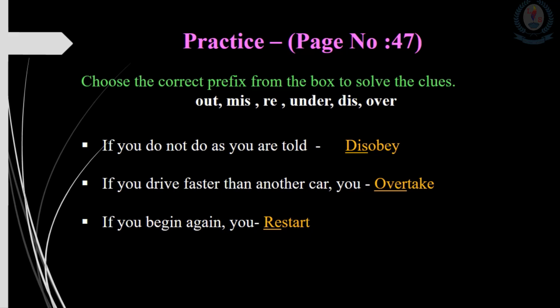If you give the main ideas of a plan, you outline the plan. If you ask too little money for something, you undercharge for it. And fourth one, if you drive faster than another car, you overtake. If you give someone incorrect information, you misinform them. And the last one, if you begin again, you restart.